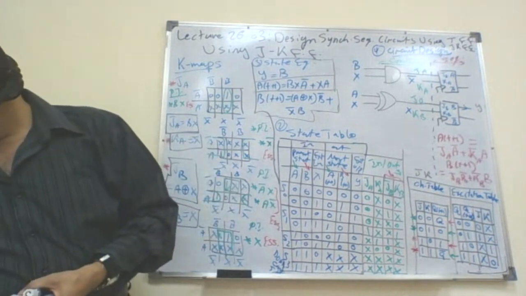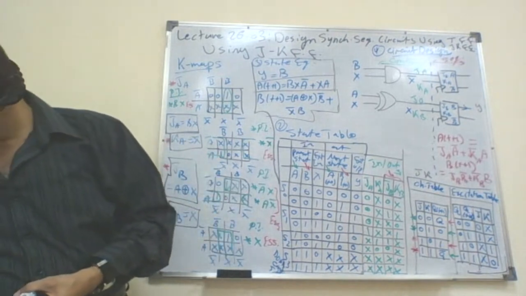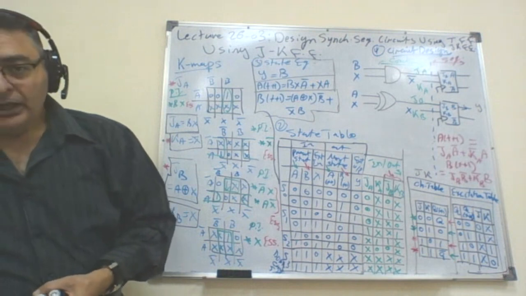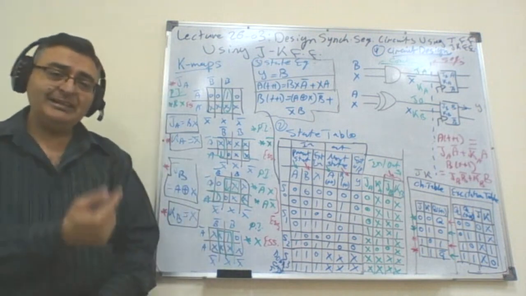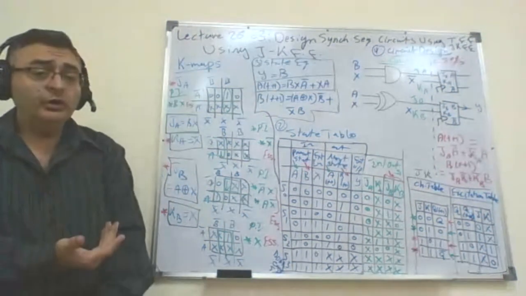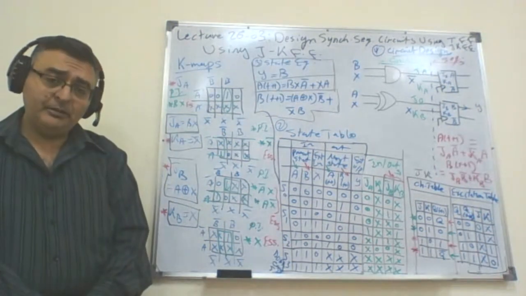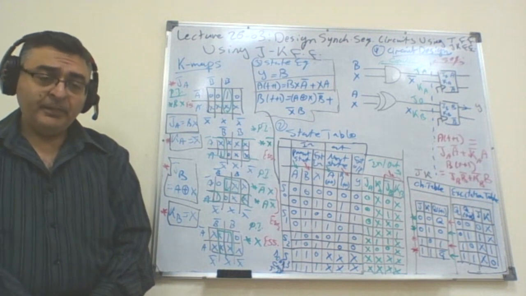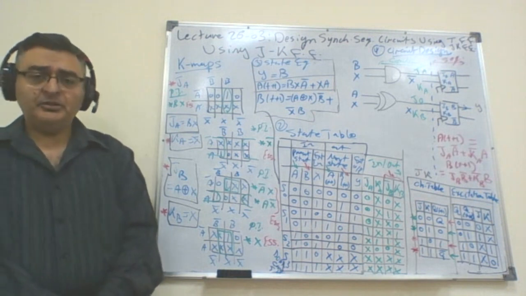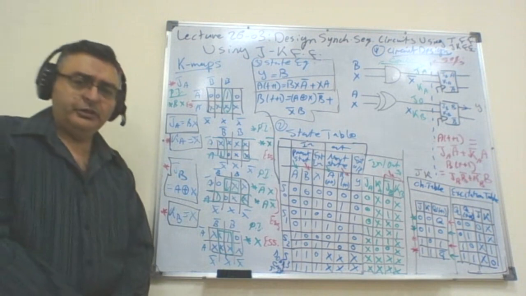That's why it's recommended not to go to the JK implementation unless the question asks you, or you know that the design will be better if you use JK flip-flop. Okay, T flip-flop has a similar scenario, but we will defer it right now.